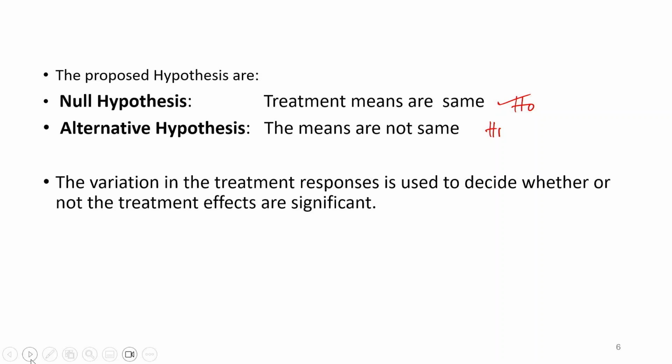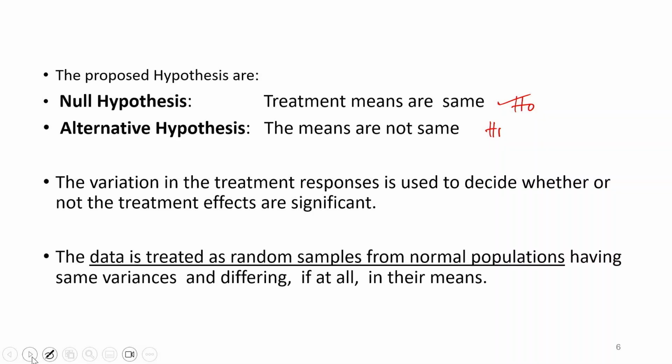The variation in the treatment responses is used to decide whether or not the treatment effects are significant. The data is treated as random samples from normal populations having the same variances and differing, if at all, in their means.